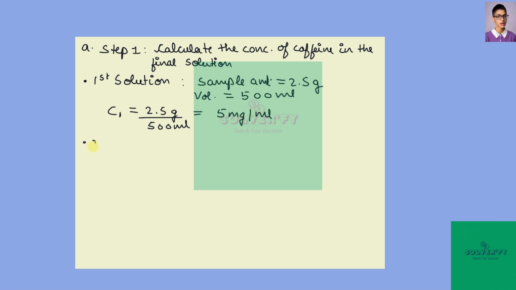Now the second solution is prepared from 250 ml of the first solution, then diluted to 500 ml.